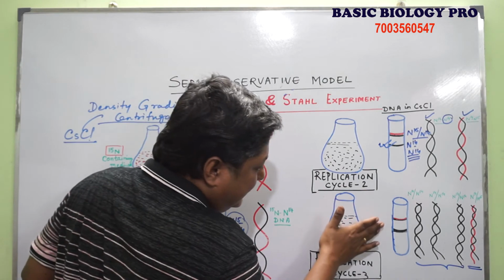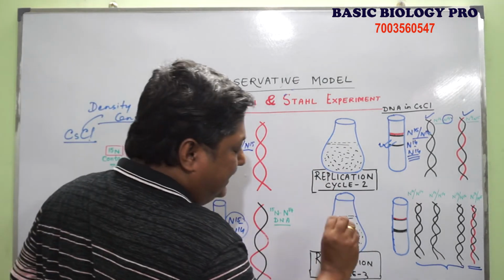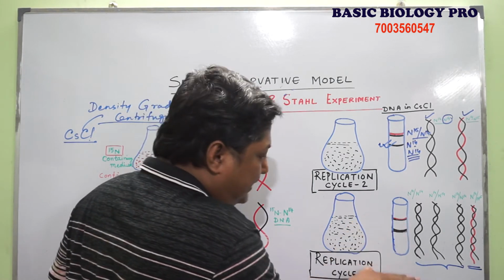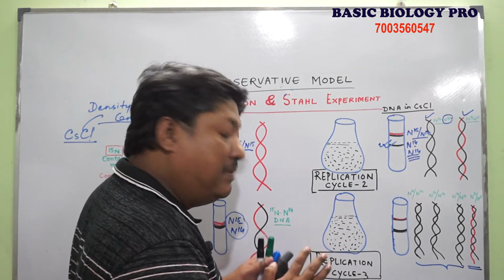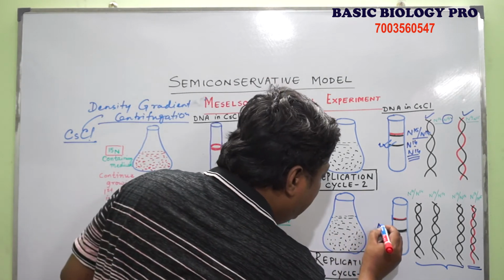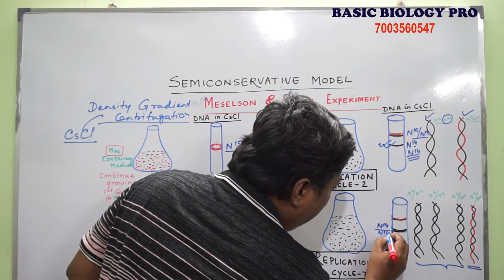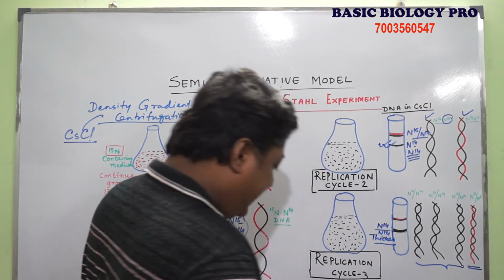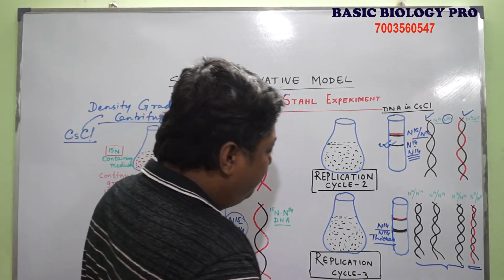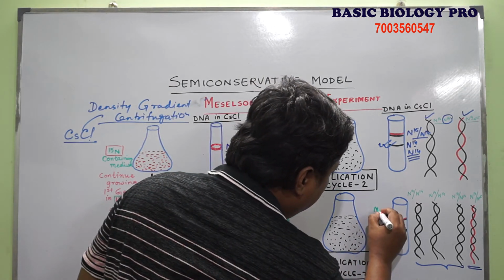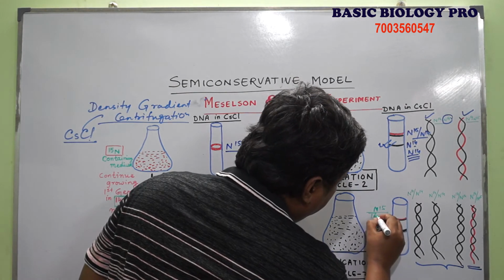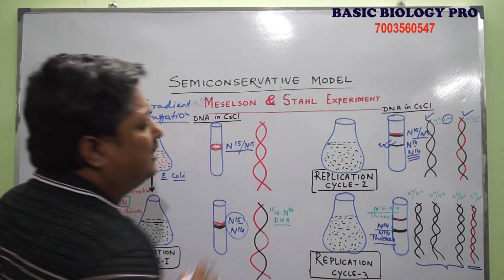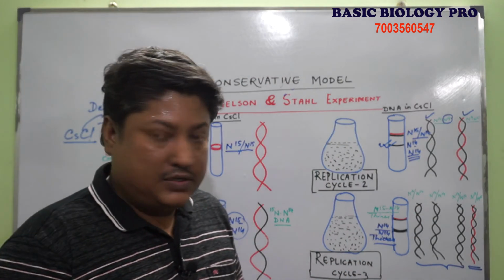If we see the diagram very carefully, one thing is very clear: the N14 band becomes thicker with the growing cycles of replication, and the N15 band becomes thinner.